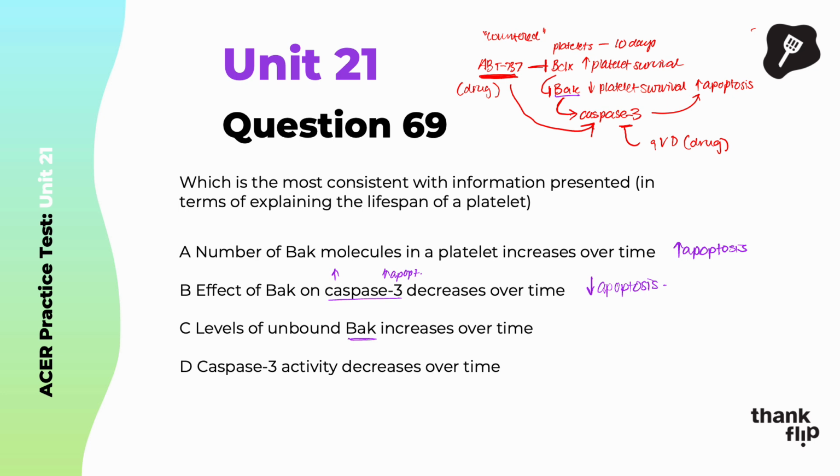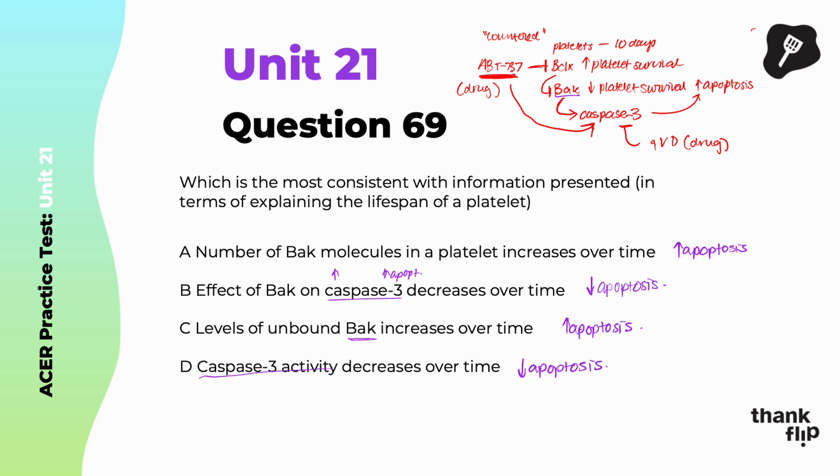Once it's unbound, that's when you will get initiation or activation of BAC. And so this would result in increased apoptosis. And then we have caspase 3 activity decreases over time, and that would decrease apoptosis.